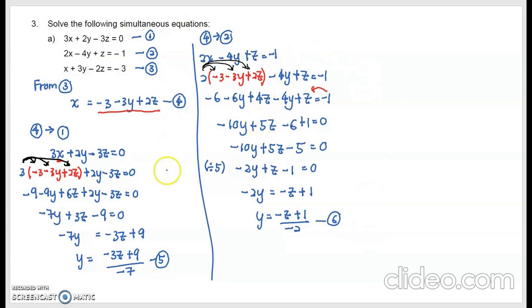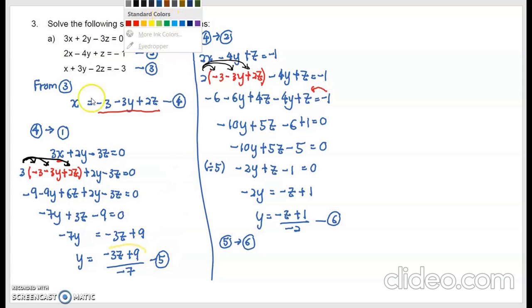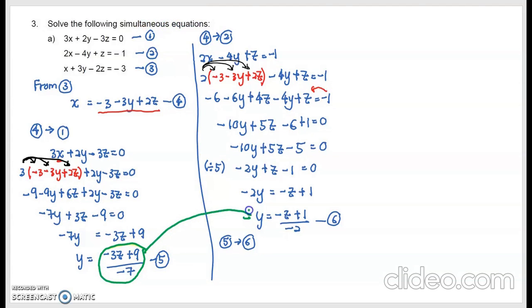So now we just concentrate on equation 5 and equation 6. Next, I can substitute equation 5 into equation 6. Here y is equal to y, so I try to substitute this y into this part, because they are both y.